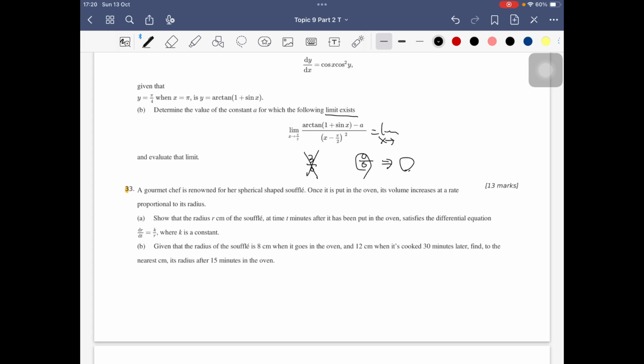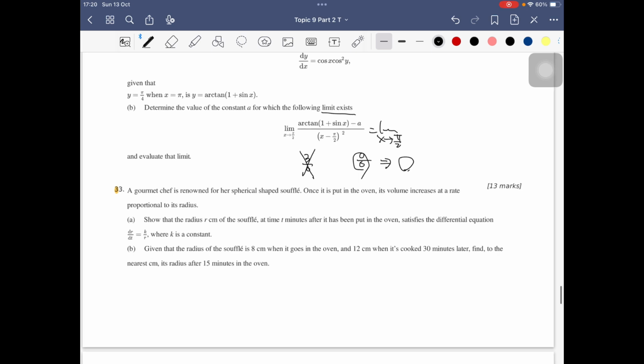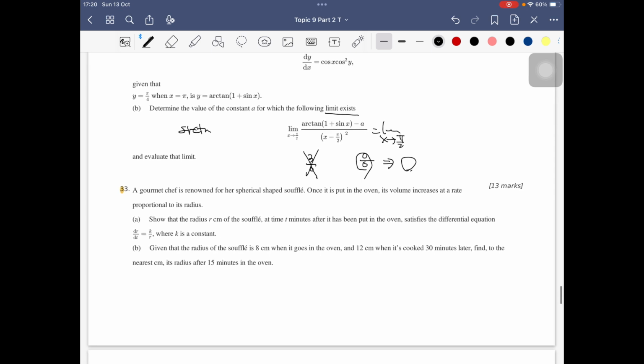So here we need to make arctan of 1 plus sine pi over 2 minus a become 0. So a should be arctan 2. So now we know this is 0 over 0, so we will apply L'Hopital.